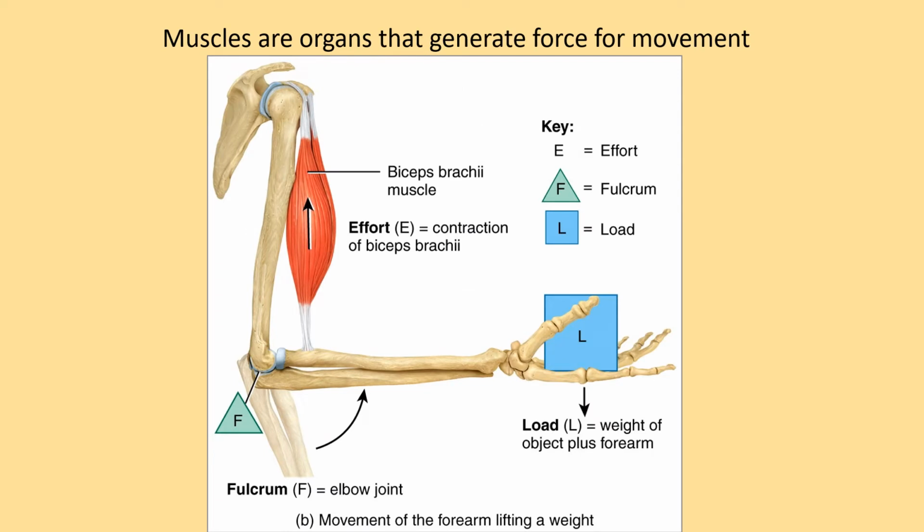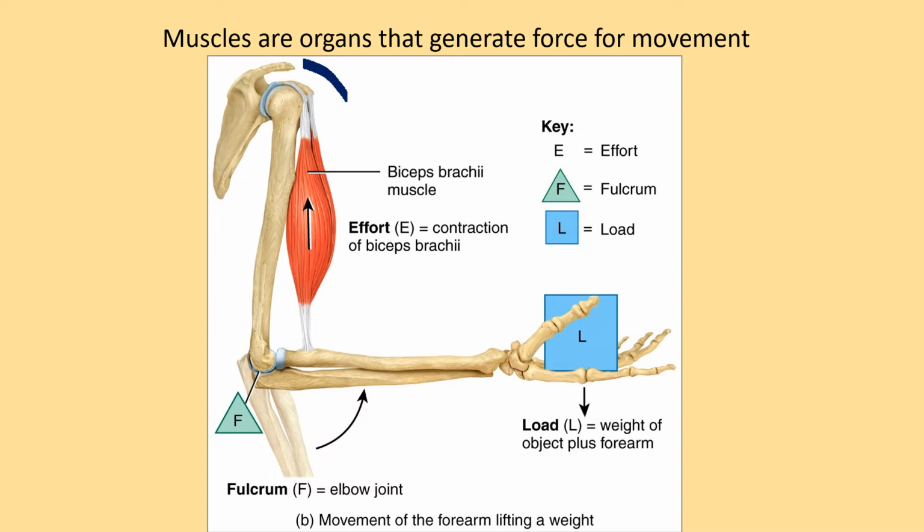Skeletal muscles are able to generate body movements because they're attached to our skeleton, and most are attached to our skeleton at least two places. So we'll use this biceps brachii as the example muscle. The biceps brachii is attached to your scapula, and there are actually 2 points of attachment.